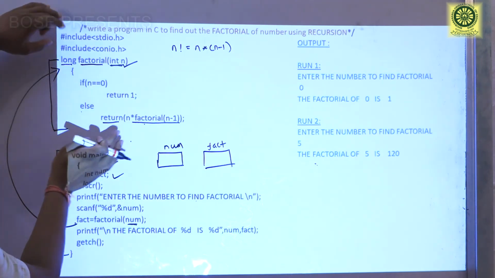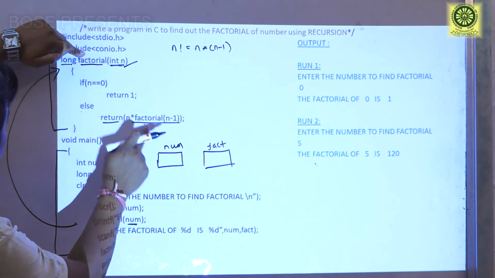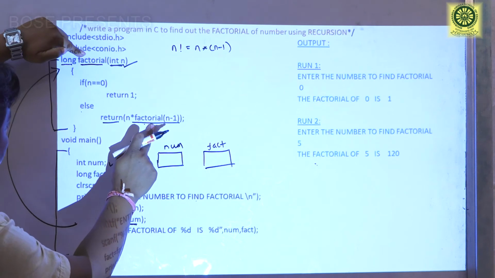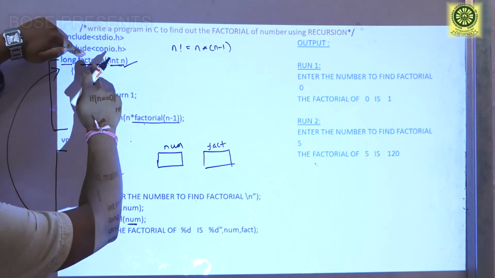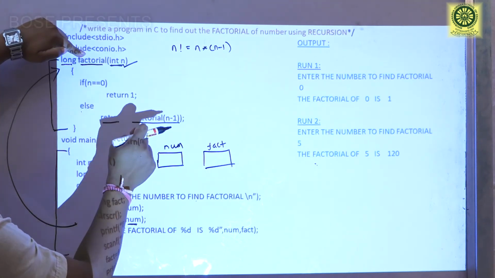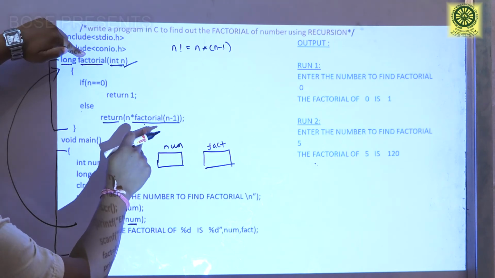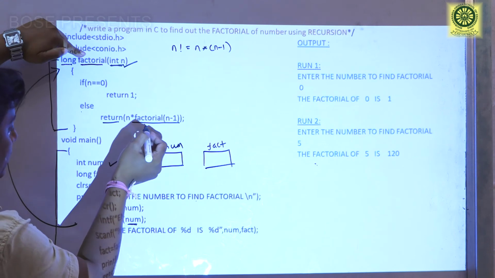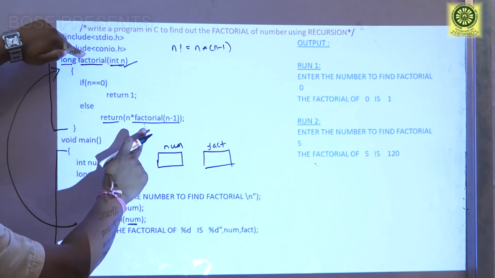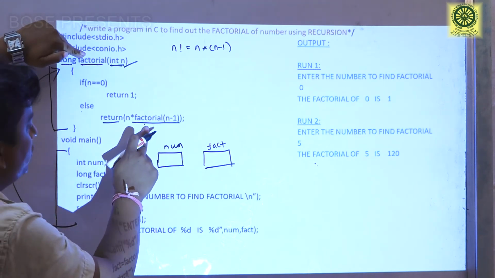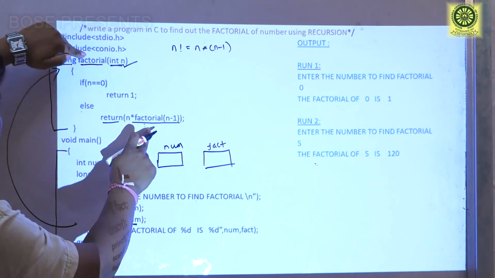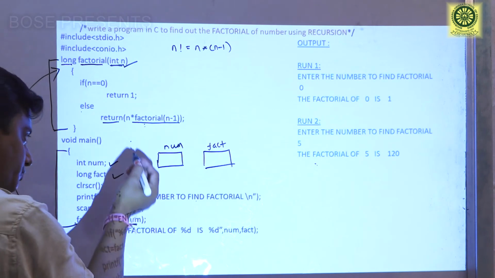See these two lines. Here it is written as factorial, and here it is also written as factorial. The same function calls itself within a function until we get the result. That's why this function is known as a recursive function, and this mechanism is known as recursion.